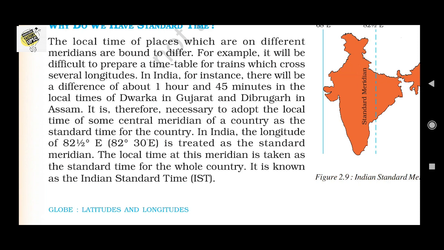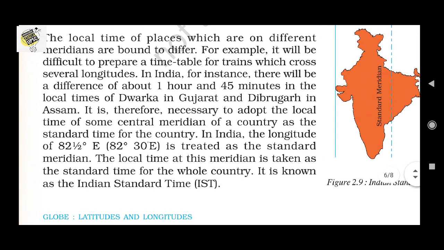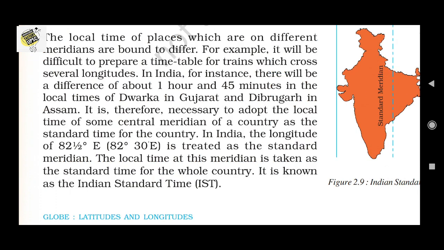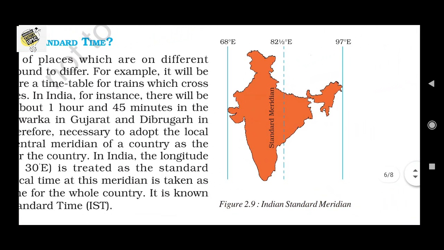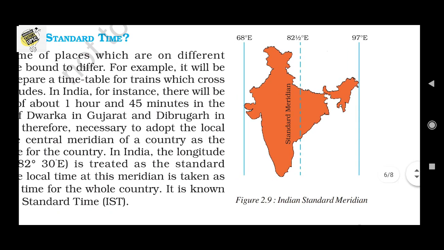In India, there is a difference of about 1 hour and 45 minutes in local time from Dwarka in Gujarat to Dibrugarh in Assam. In the west, on the left side, there is Gujarat, and on the eastern side there is Assam. So the time difference between Gujarat and Assam is about 1 hour and 45 minutes.